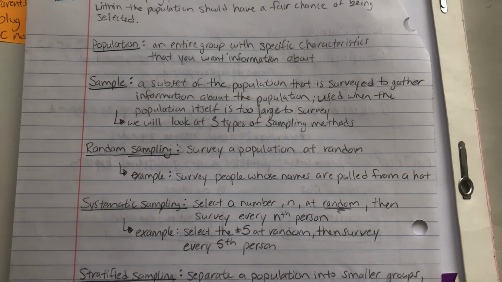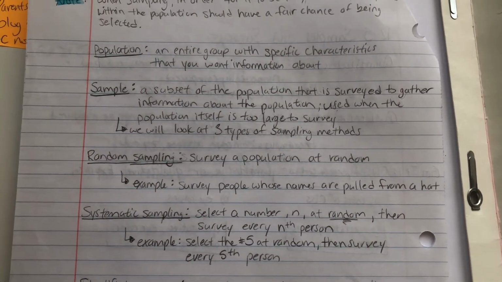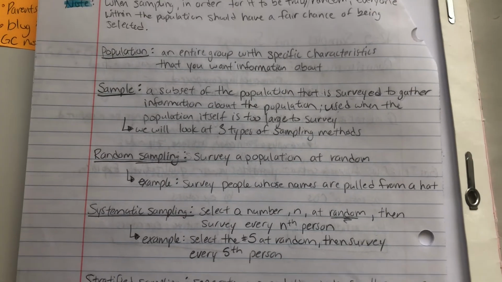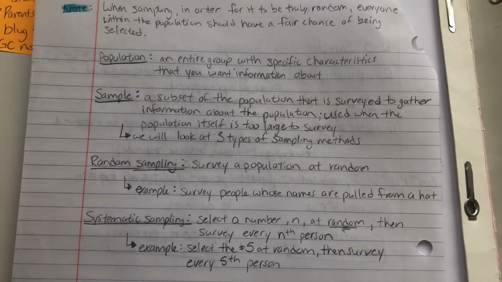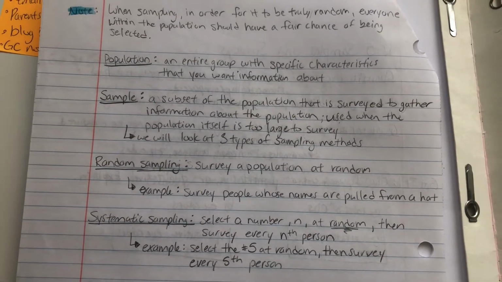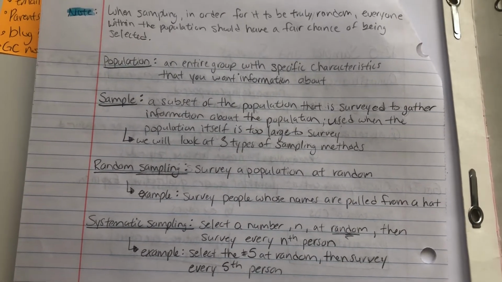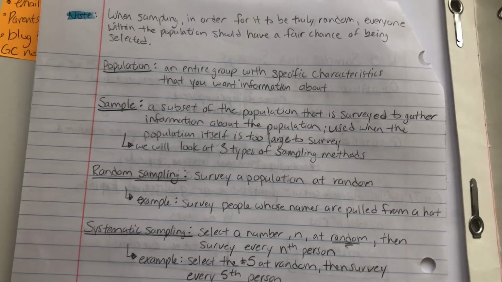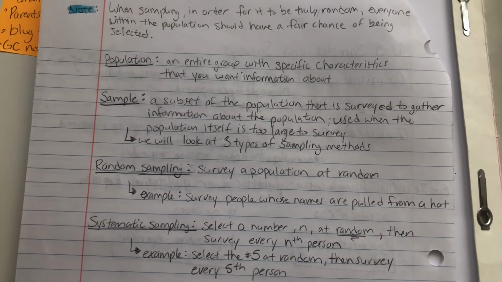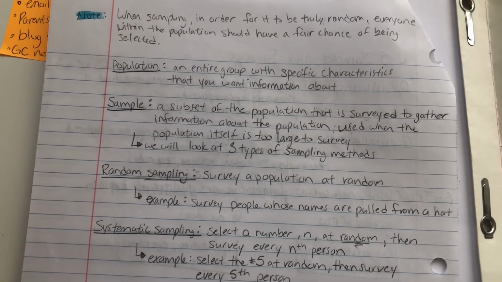A sample would be a subset of the population that is surveyed to gather information about the population as a whole. Okay, a sample is used especially if the population is too large to survey the entire thing, which you want to happen so that way you have more data and therefore accurate data.